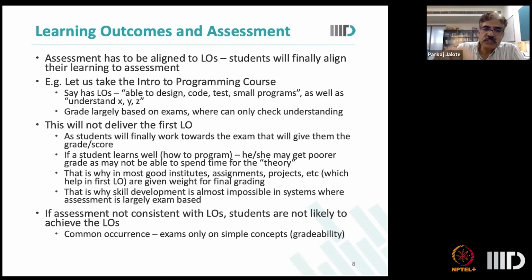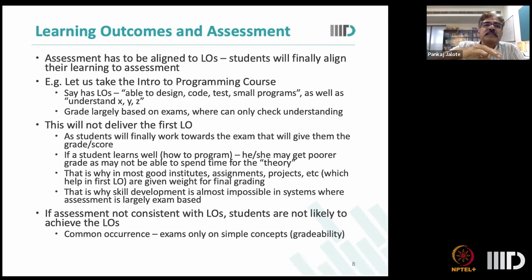So what these small examples that I've shared show is that if your assessment is not consistent with the learning outcome, students are not going to achieve the learning outcomes. They will essentially achieve whatever learning is needed to master the exam. And this is a very common occurrence in our education system.